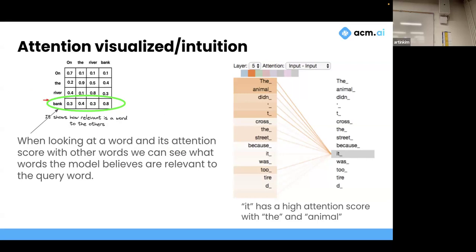So let's say we look at a single word. This is a query word, it. We can see its strength to all other words. And you see it attends to the animal, which is kind of cool at these deeper layers, like layer 5, because this attention head is probably capturing objects and what they're referring to. If you just used the it word vector and the animal word vector, it might not get you that good a score.